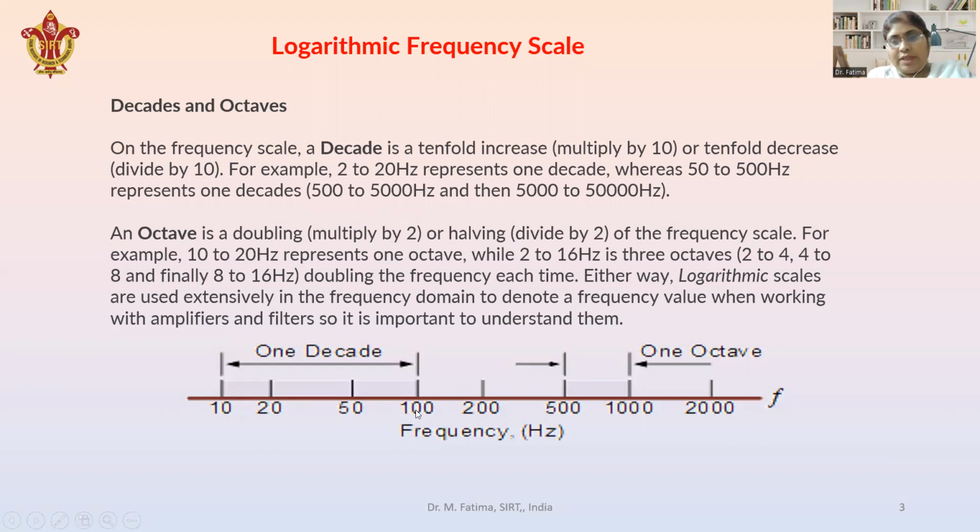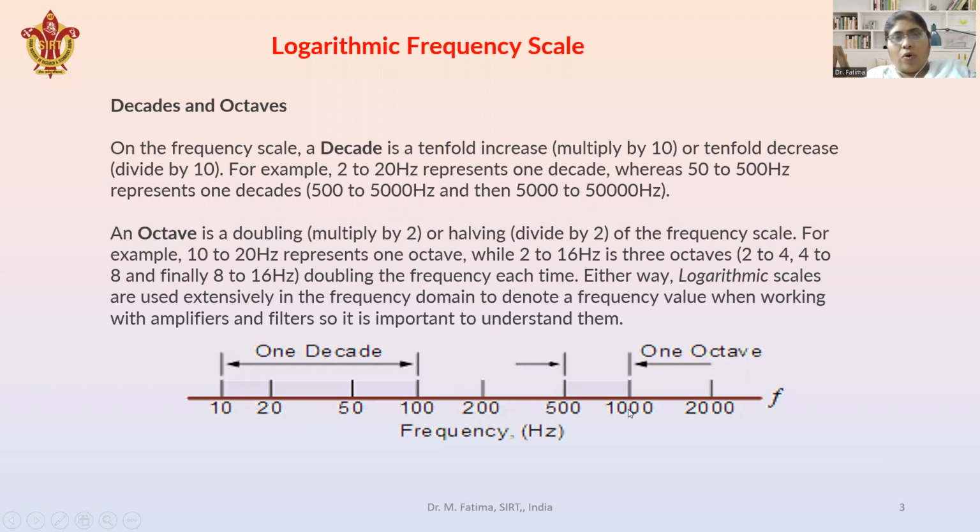From 10 hertz to 100 hertz, this represents one decade. Similarly, if 100 is multiplied by 10, the value will be 1000. So from 100 to 1000 is also another decade, and so on.